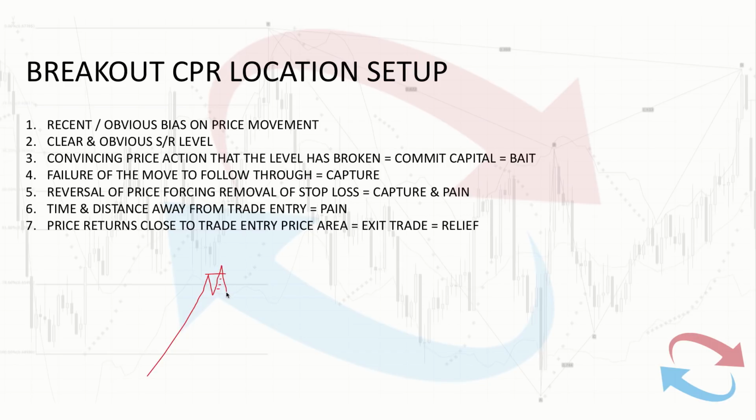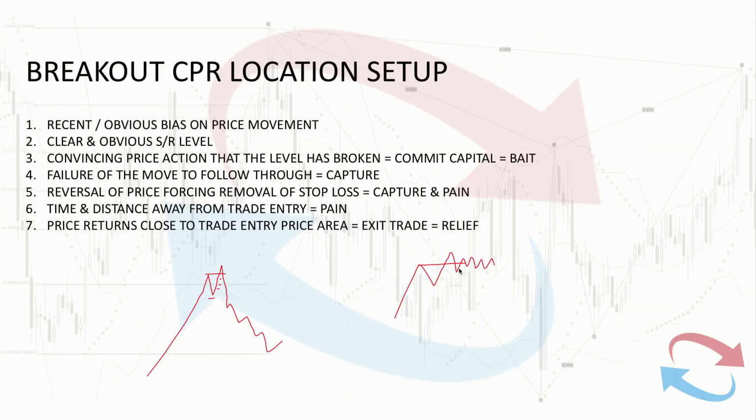So they start to remove their stop losses, right? You'll have stop losses underneath here, underneath recent swings. And as prices go against them, this is the pain phase of the cycle. What you really want to see is a sharp move away from that level, and the reason why is because if you have something like this, and then prices do something like this, it gives people time to exit the trade.